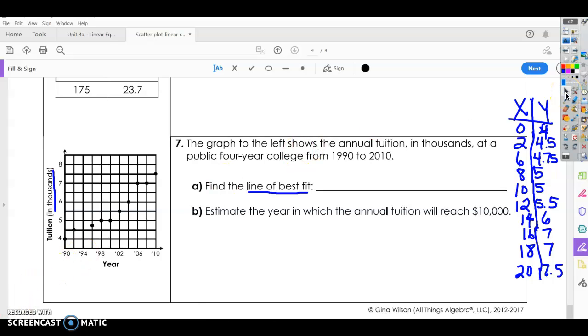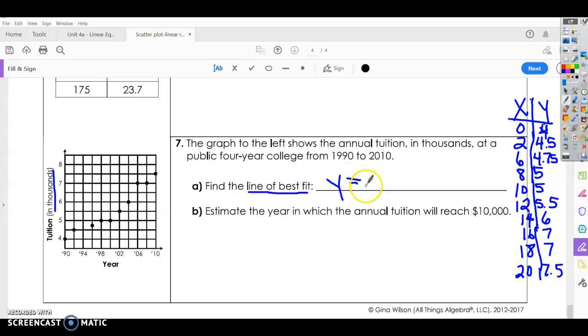All right, so now that you have your table and hopefully you've created an equation, let's go back and look and see what we're talking about again. All right, the graph to the left shows the annual tuition. Annual means yearly. The annual tuition in thousands of dollars at a 4-year public college from 1990 to 2010. All right, so find the line of best fit. Hopefully you just did that.